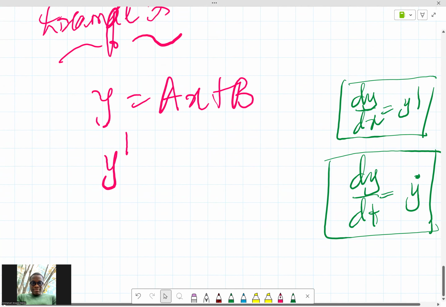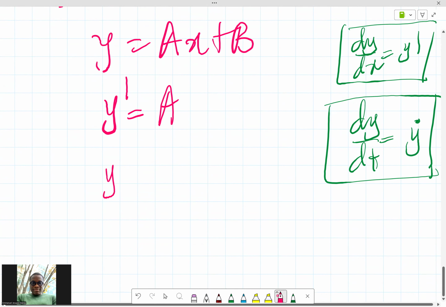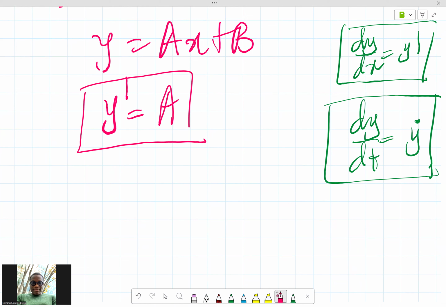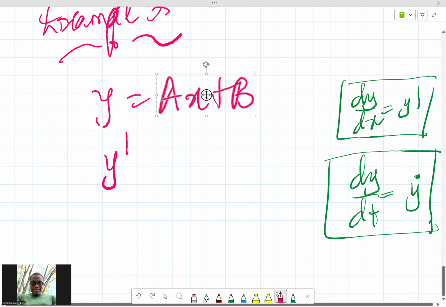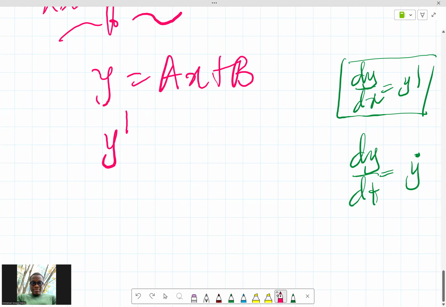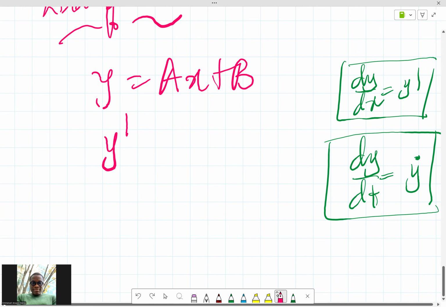So here, especially when you talk about dynamics, where time is involved, we have y prime equals the derivative. So you have a, because b is gone, since b is a constant, so we don't have that anymore. Now y prime is a, right?